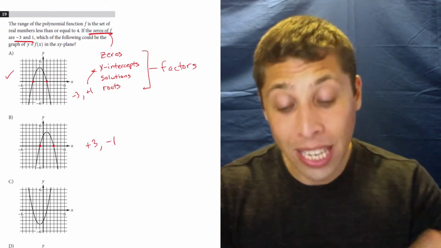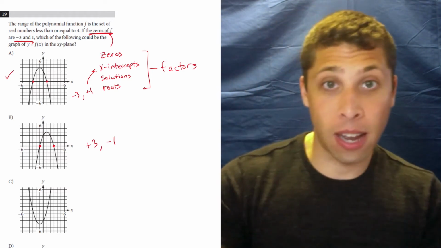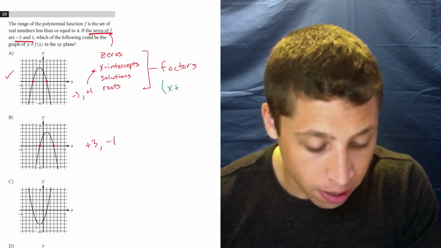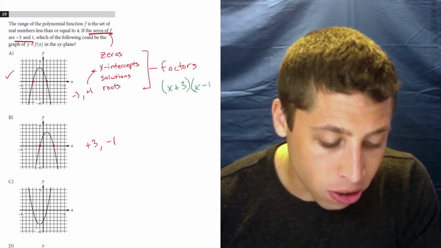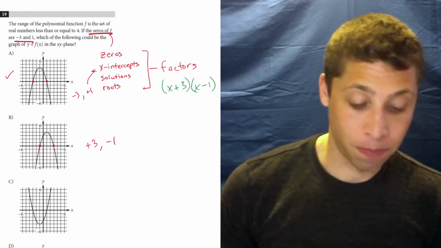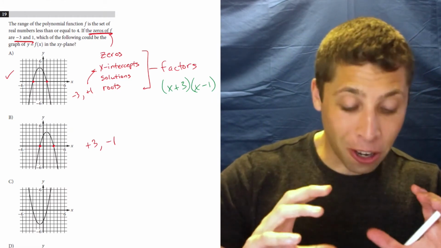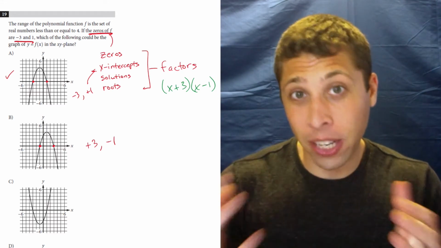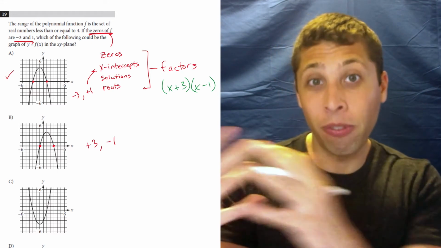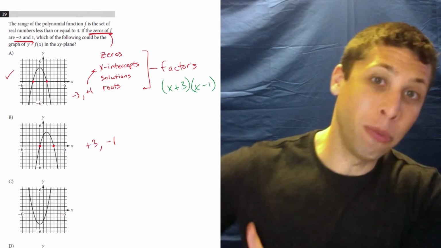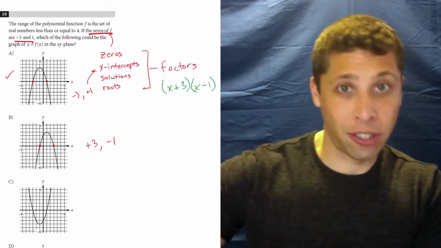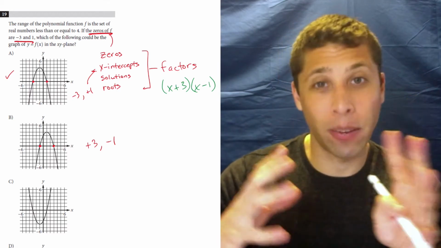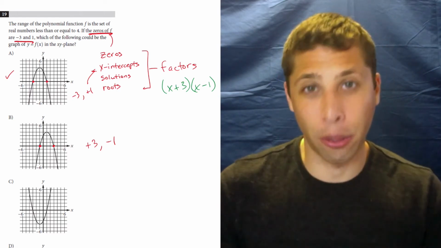But how did we get those? Most of the time, what we end up doing is we end up factoring a quadratic, and it looks slightly different. It's because when we have the factor, the sign, the positive or negative sign, is the reverse of the root, the 0, the x-intercept. So people kind of forget why that's the case, and they kind of half remember this rule, and then it kind of throws them off here.